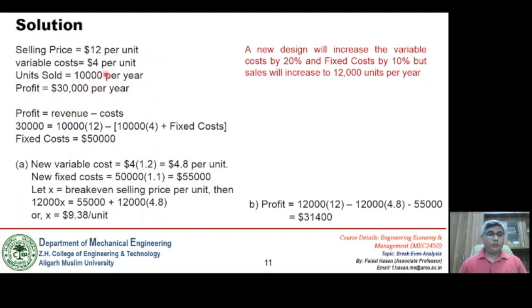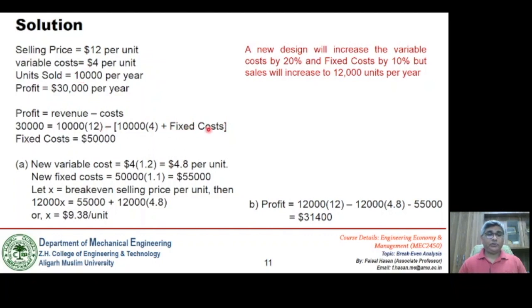The total number of units sold multiplied by the selling price. So this will be 10,000 multiplied by 12, minus the total cost. The cost is composed of two components, the fixed cost and the variable cost. The variable cost is $4 per unit, so it will be 10,000 into $4, and there is no mention of fixed costs.